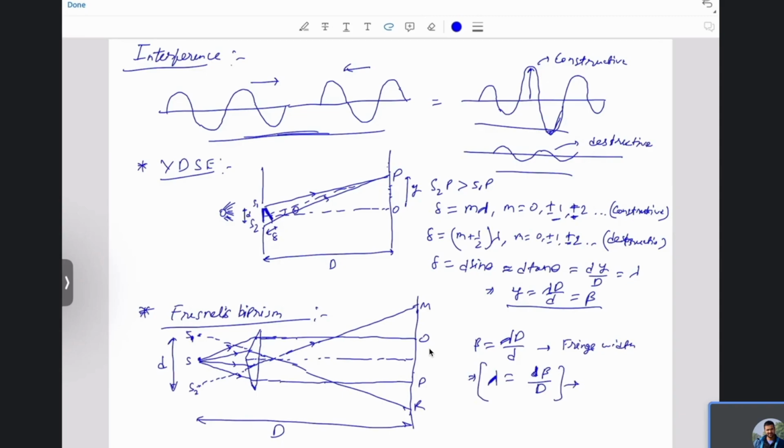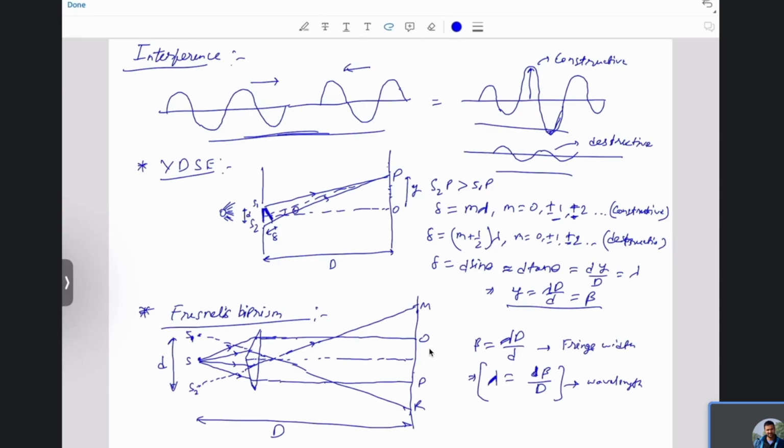So this experiment can be done in a lab, and the wavelength of any light can be determined using it. So it's a very nice experiment.